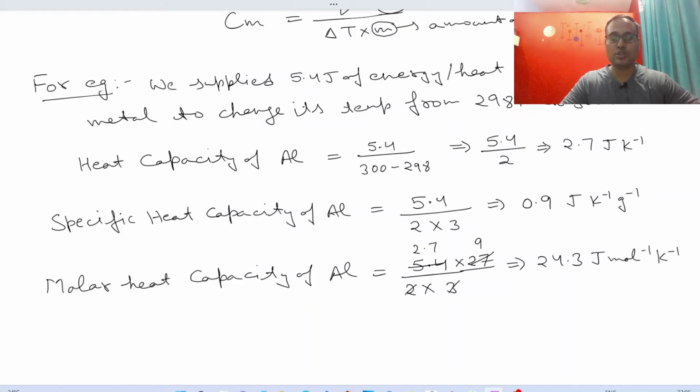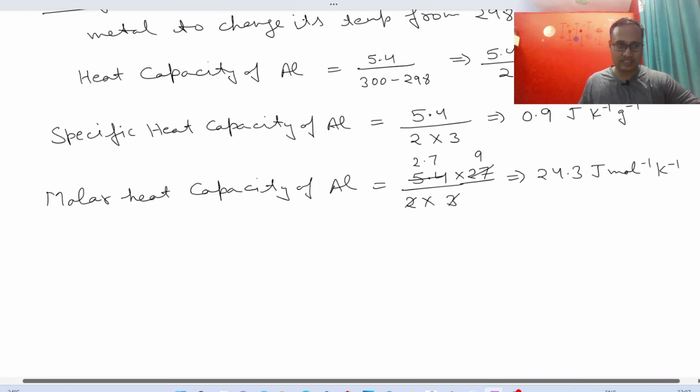Similarly, the molar heat capacity is also a path function, that is it depends on the specified path it follows in order to change the temperature of any system or surroundings. That's why it is further classified into two types: at constant volume and at constant pressure.